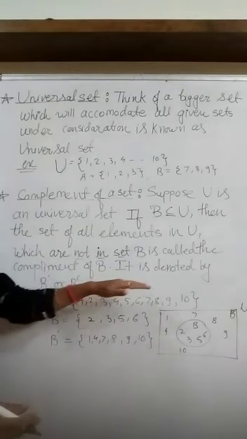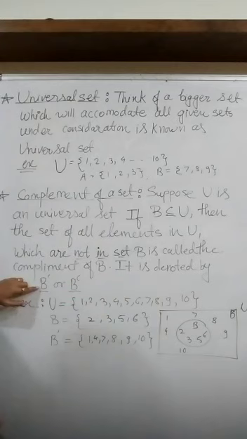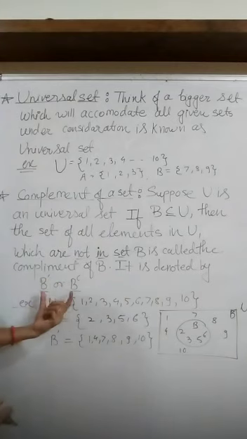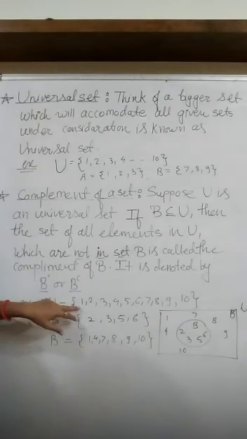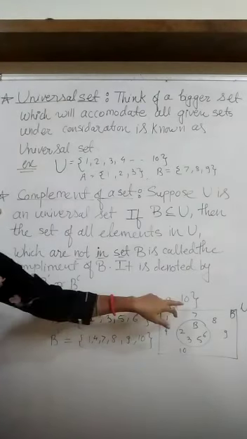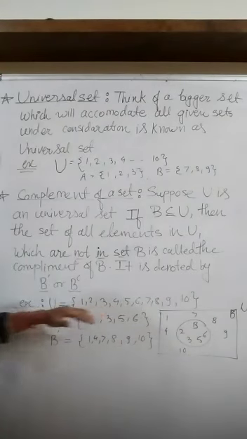And this one we can denote with the letter B dash or the B complement. In both ways we can represent the complement of the set B. Fine. Then for example I am taking here U as a universal set which has the numbers from 1 to 10. 1 to 10 के एलिमेंट्स है U के यूनिवर्सल सेट है हमारा.